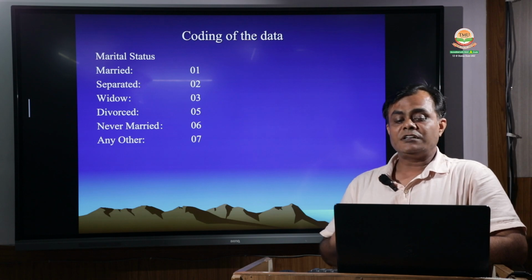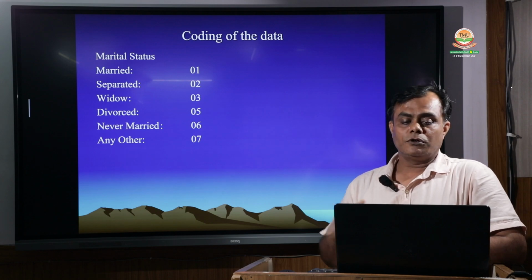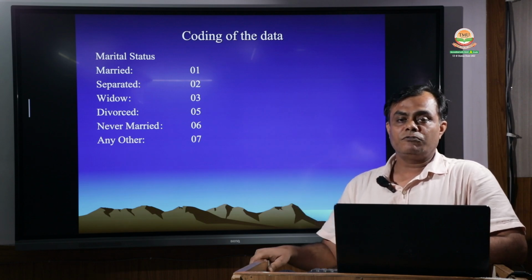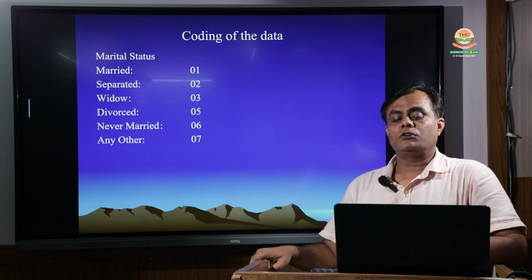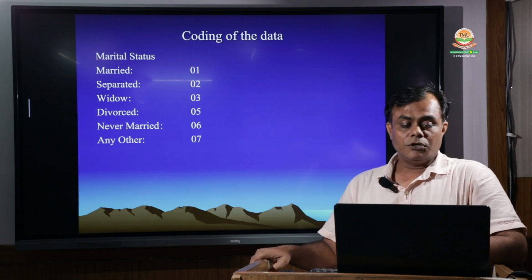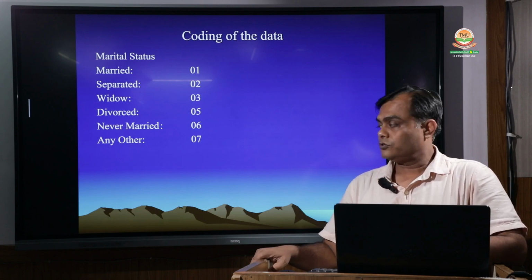If the respondent is separated, married but now not living with his wife, we are using the code 02 for separated. If the respondent is a widow, we are using the code 03. If the respondent is divorced, we are using code 05, or if they are never married, we are coding 06, or any other we are using 07.